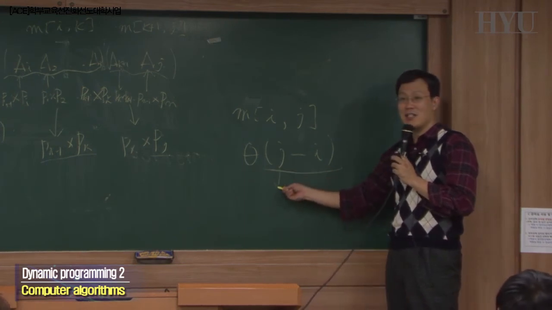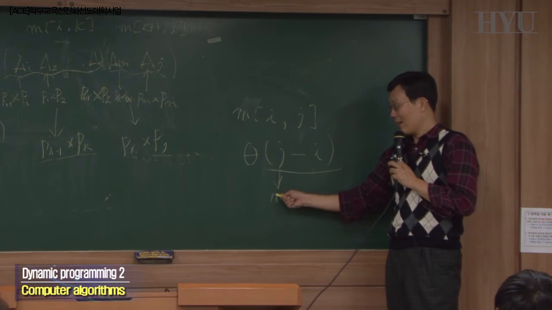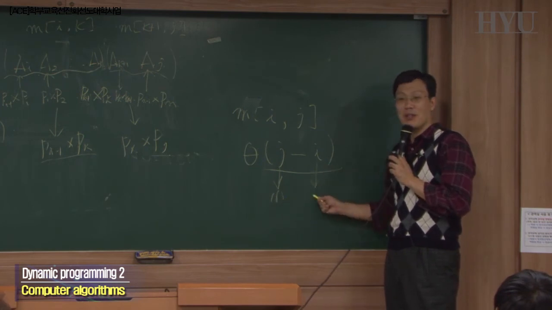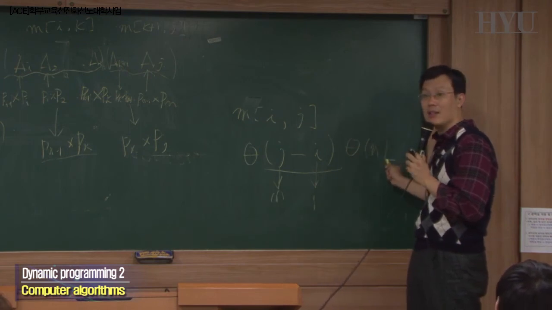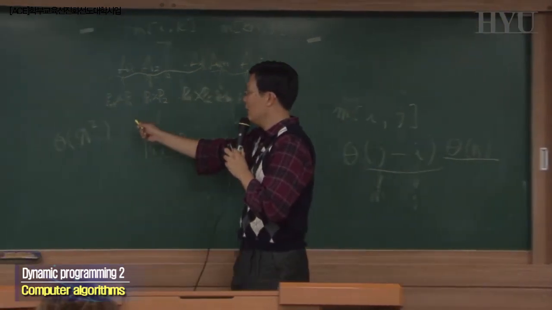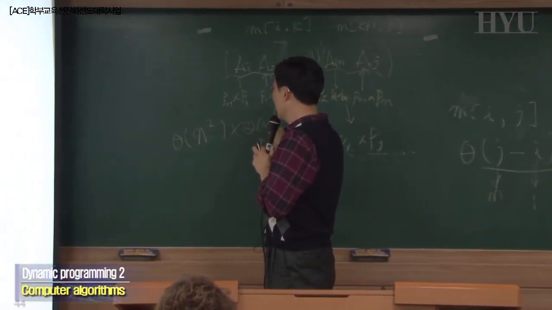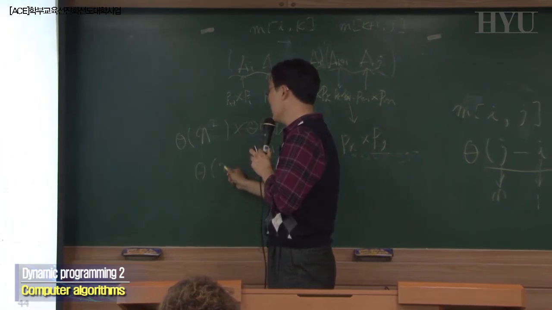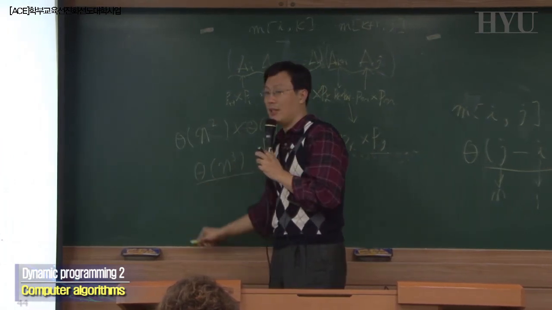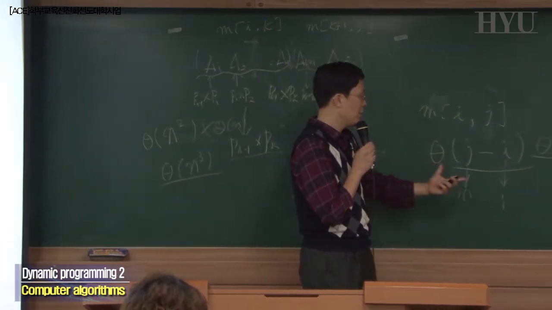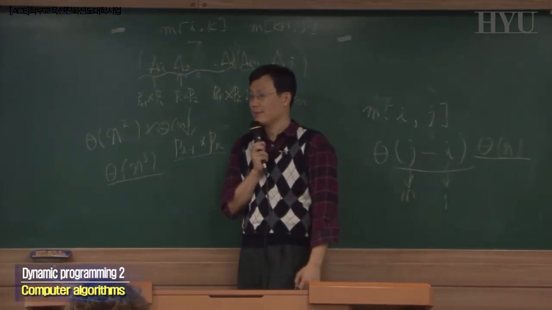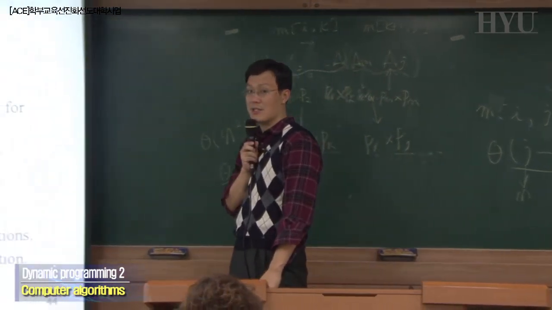When j is n and I is 1. It is theta of n. So it is theta of n cubed in total, in the worst case.